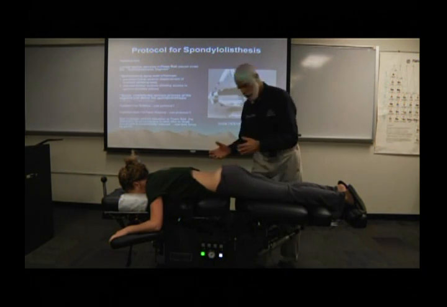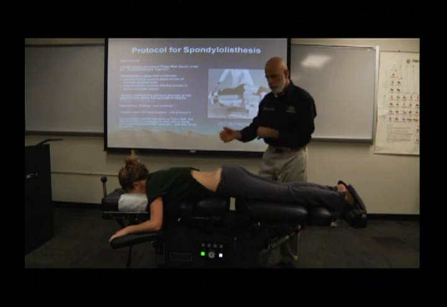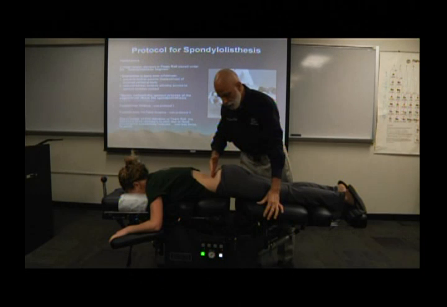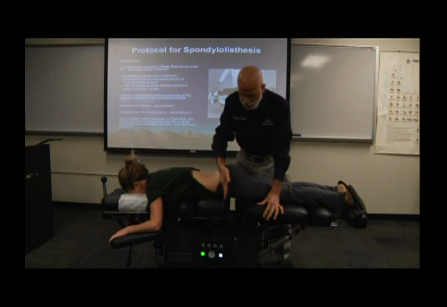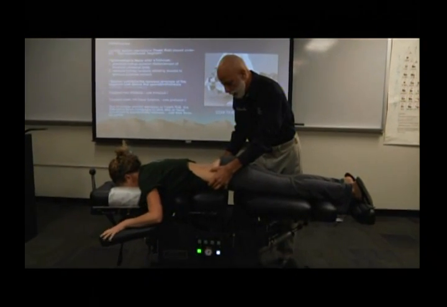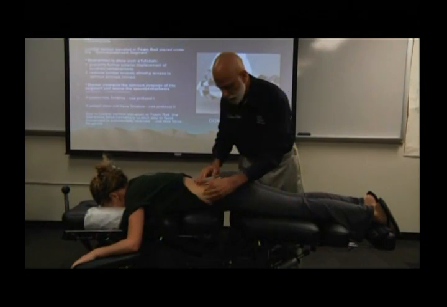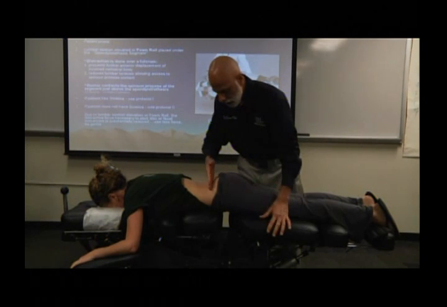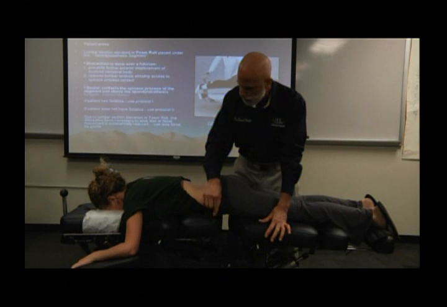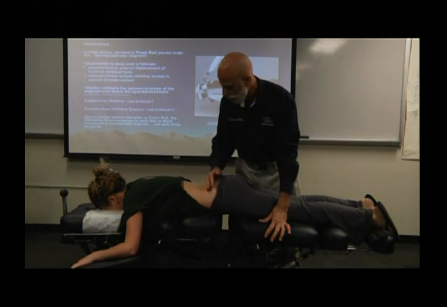All right, so we'll just say she has an L5 spondylo. So there's L4, and then there's L5. So we want L5 actually on the apex of this fulcrum. So let's come down a little this way. Good. Okay. So again, there's L4, and so L5 is now being directly supported by the apex of this fulcrum right here.